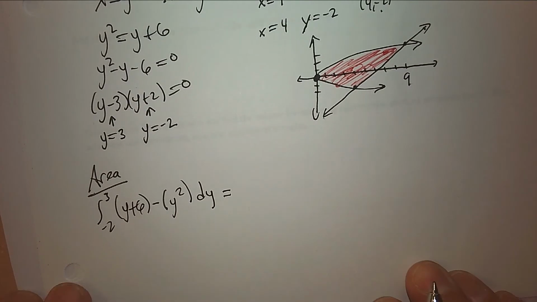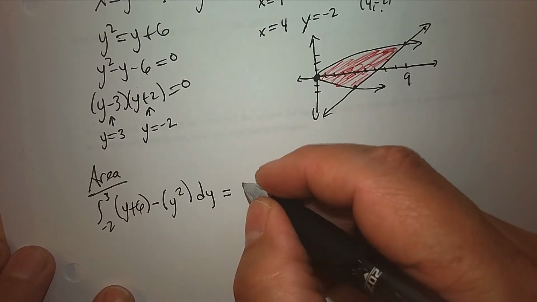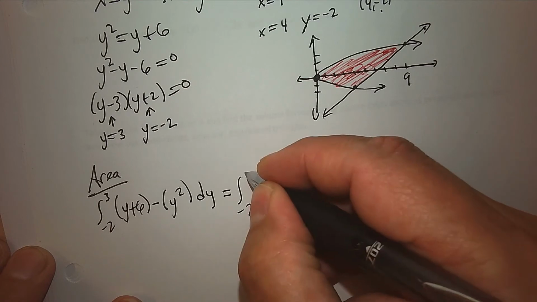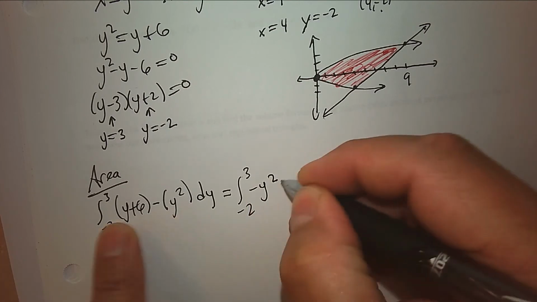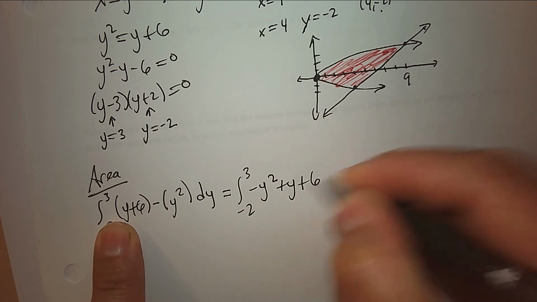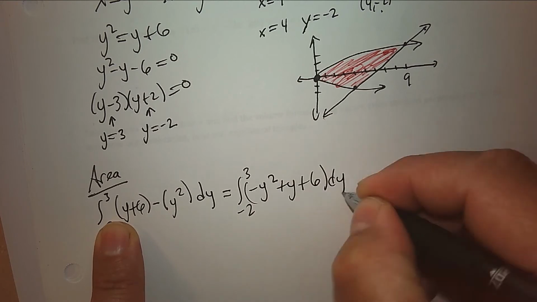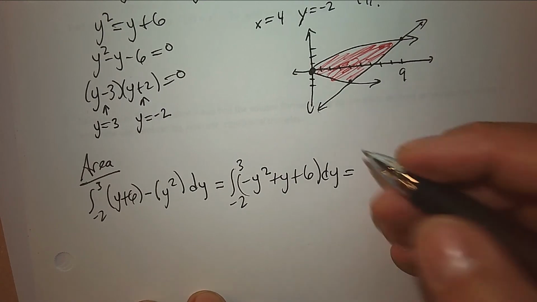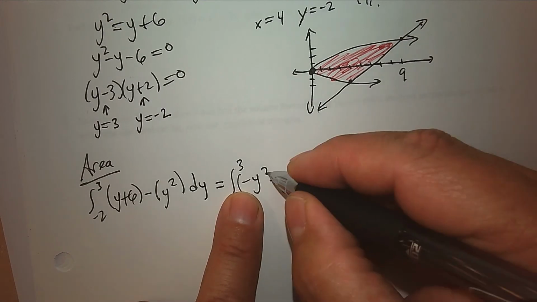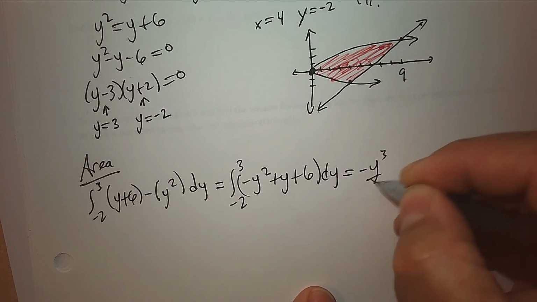I'm going to continue. So I'm going to simplify this a little and put it in order. So we have -y squared first, then +y and +6. To integrate this, we're going to add 1 to the exponent and divide.